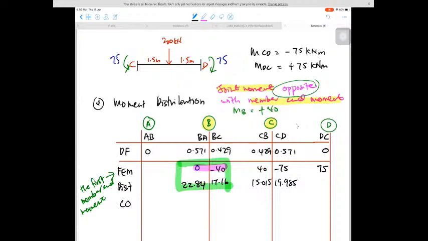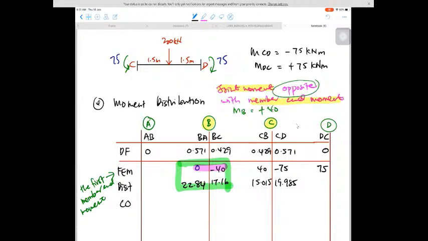From the previous step, we found that FEMBA is 0, FEMBC is negative 40, FEMCB is 40, FEMCD is 75, and FEMDC is 75.